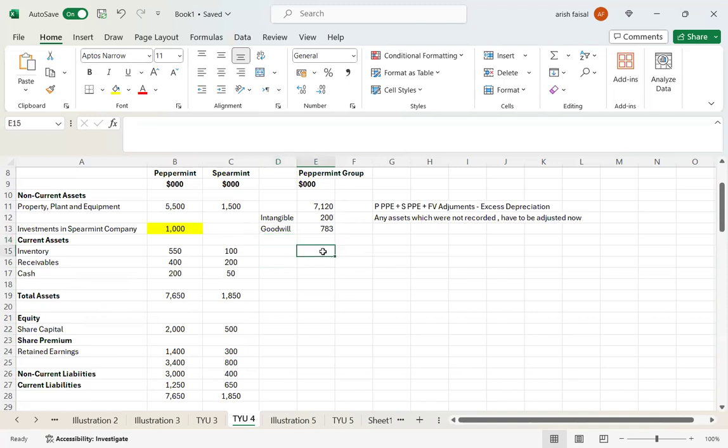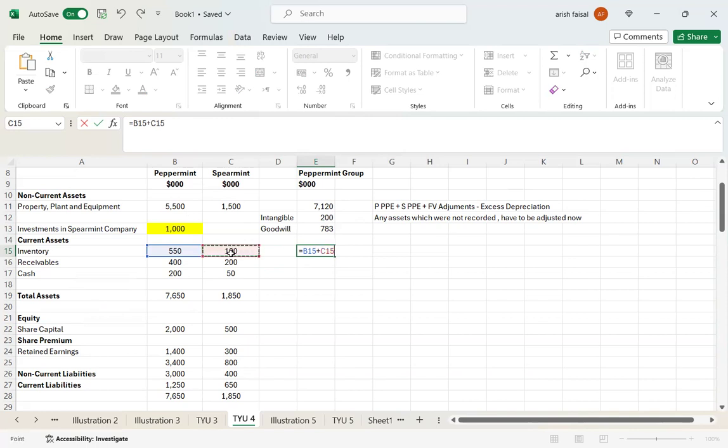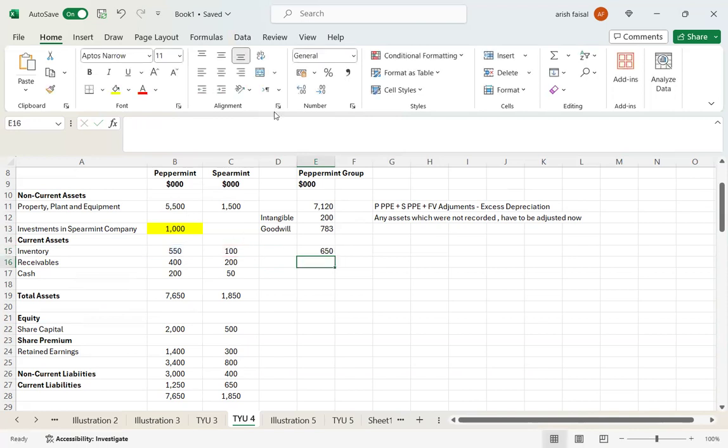Okay, so that's all for your non-current assets. Now we have your current assets, but for current assets, we just have to add up the current assets for your parent company and the current assets for your subsidiary company. Likewise, we can also do it for your receivables and cash. I'm just going to use Excel and that's it.